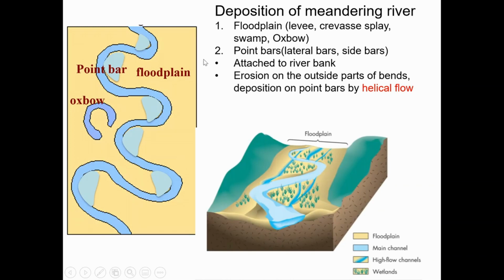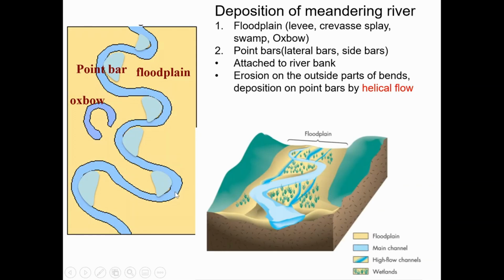It includes floodplain and point bar. On the floodplain, we also have different sub-depositional environments such as levee, crevasse splay, swamps, and oxbow lake. The point bar is also called lateral bar or set bar, on the inside of this river channel ribbon.